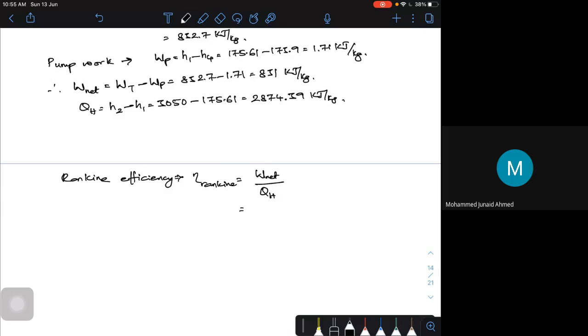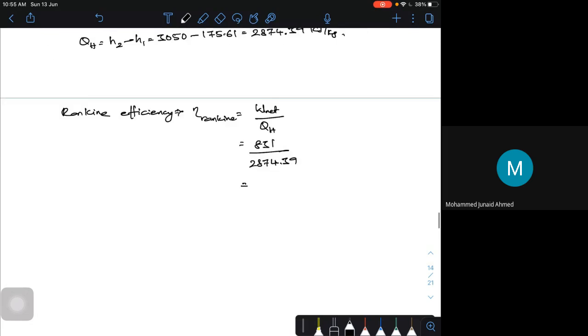So what is your net work done? 831 kilojoules, and heat supplied is 2874.39. So I'm getting around 28.91%, roughly around 29%. So this is your Rankine efficiency.